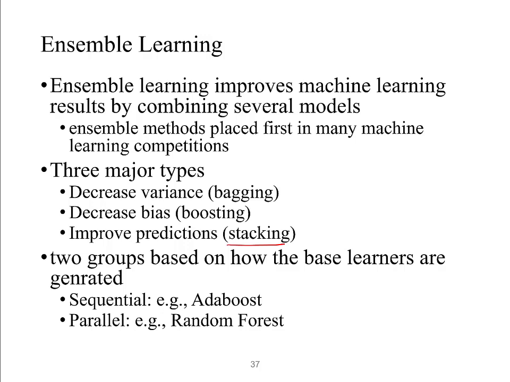And in machine learning, it is the same, but the key is how to make use of them, or say how to make them cooperate well, or improve the coherence between these participating models. Right. There are three major types of ensemble learning.